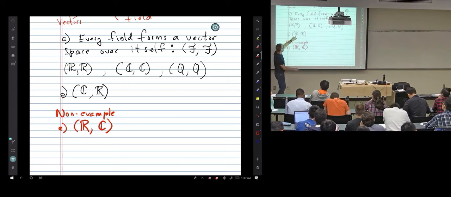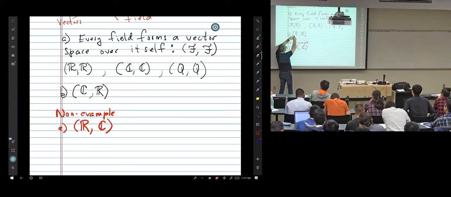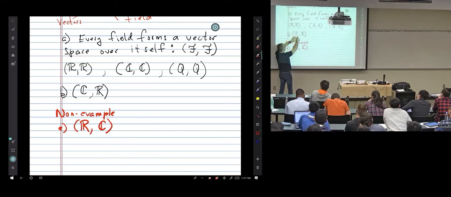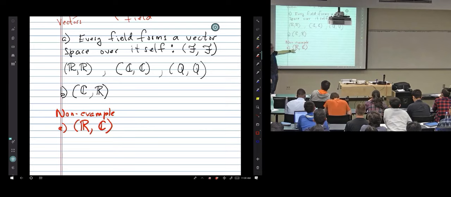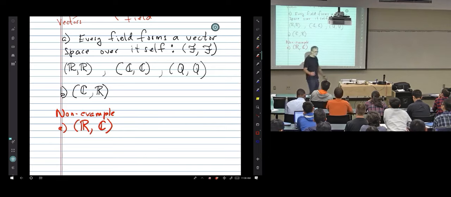These are the vectors. 4 alpha plus beta j times gamma is gamma alpha plus gamma beta with a j. Here the problem is the usual definition of multiplication of complex numbers times reals does not give a real number. Is there possibly some bizarre notion of multiplication where you can make it work? I don't know, and I don't care.